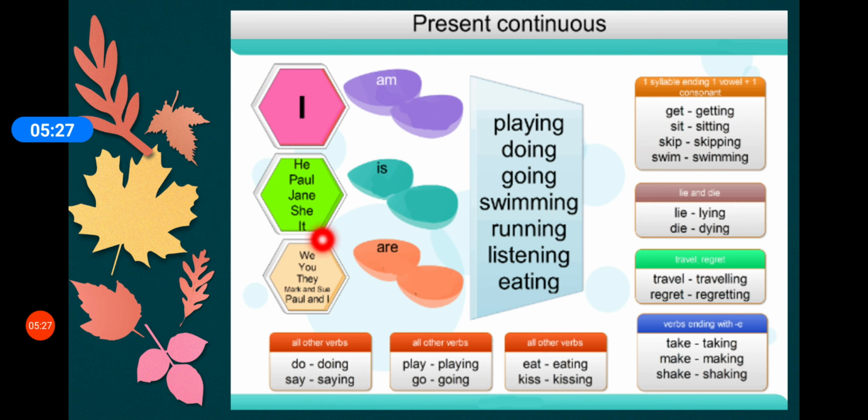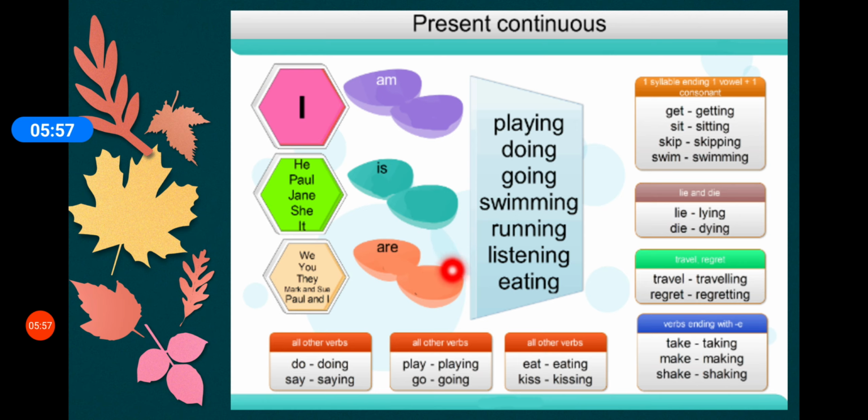Now let's come to the next box that has we, you, they, Mark and Susie and Paul and I, that is plural nouns. So my dear children, with you, we, they and plural nouns, we use are plus first form of the verb and ing.